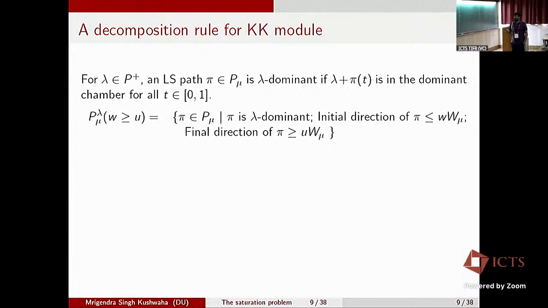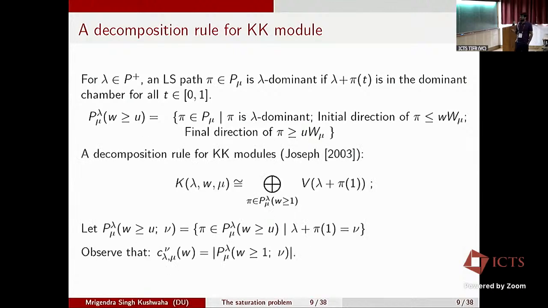The P mu upper lambda W bigger than W U is denoted the collection of all paths pi such that pi is lambda dominant, the initial direction of pi is less than or equal to W mu, and the final direction of pi is bigger than or equal to W mu. Okay, so I am putting both conditions.